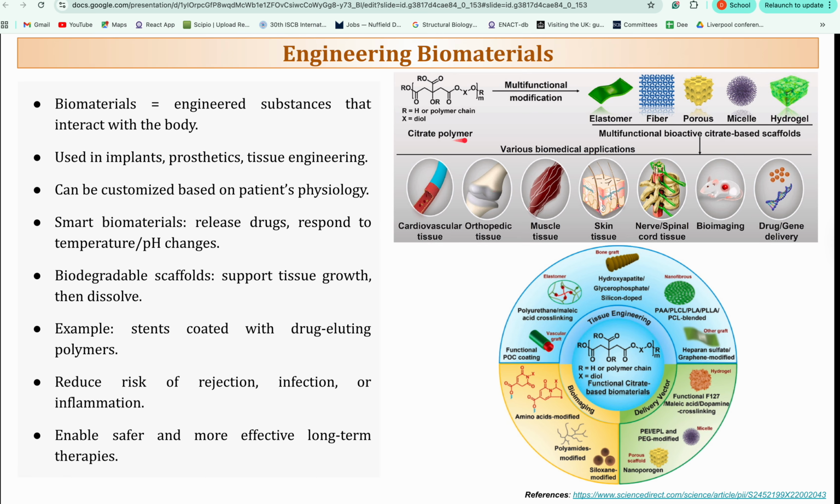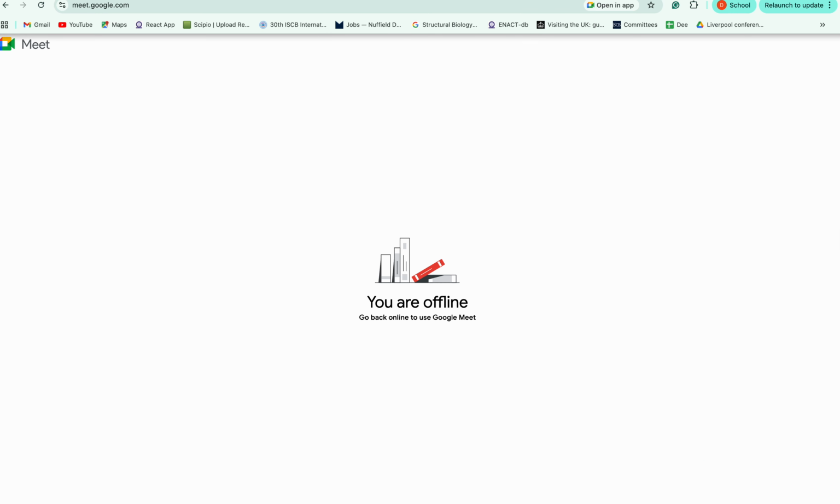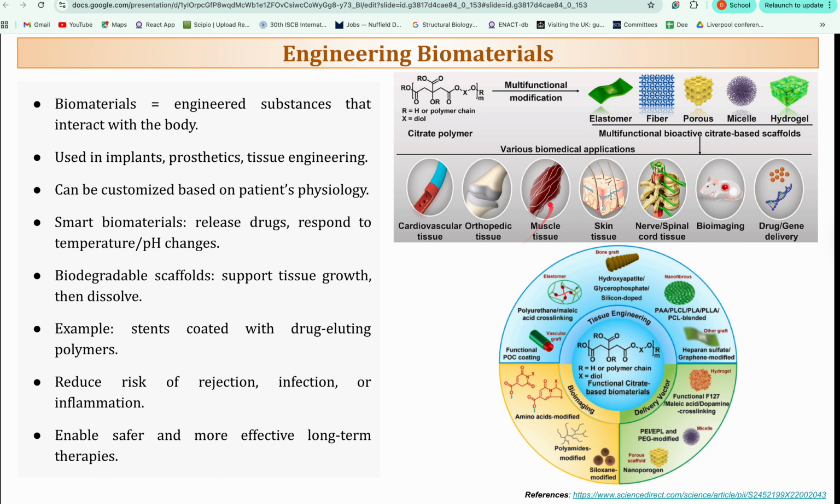So this is the citrate polymer, which can be modified for multifunctional purposes, such as being made into an elastomer, fiber, porous scaffold, micelle, or hydrogel. They are multifunctional bioactive citrate based scaffolds which are used in various biomedical applications, such as biovascular tissues, orthopedic tissue, muscle tissue, skin tissue, nerve spinal cord tissue, bioimaging, and drug gene delivery.